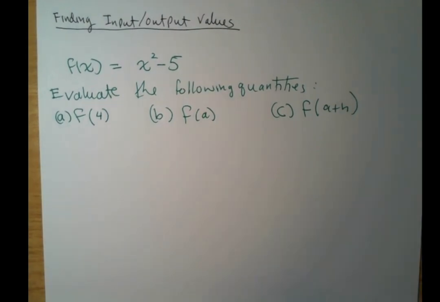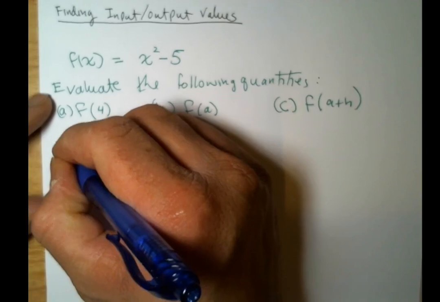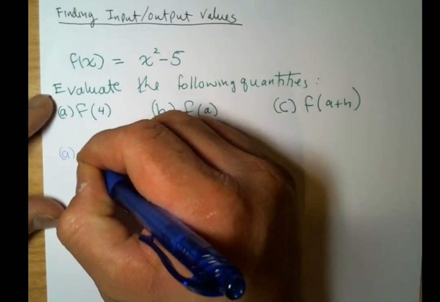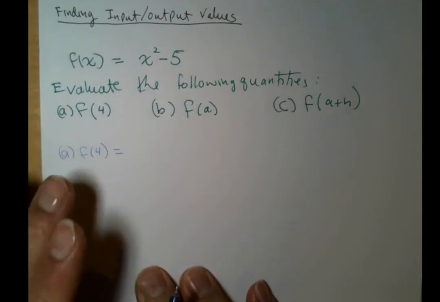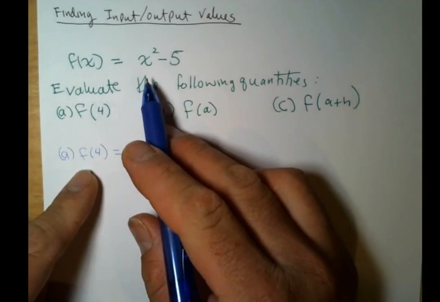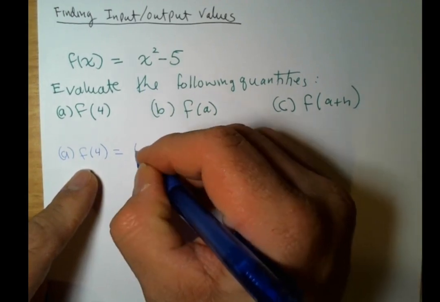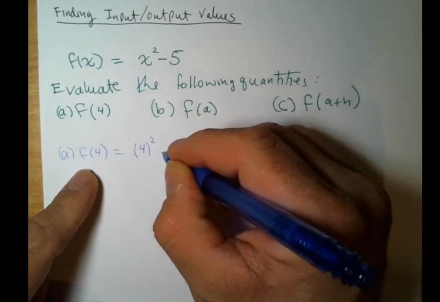That was pretty straightforward. We replace x with the number 4. So for A, f of 4, the way you want to interpret that is wherever you see an x, you now replace it with a 4. So here we'll have 4 squared minus 5.